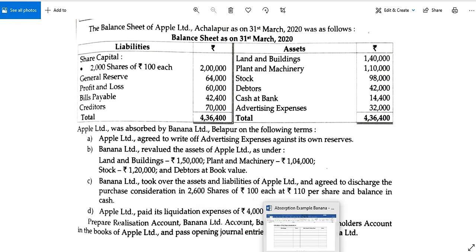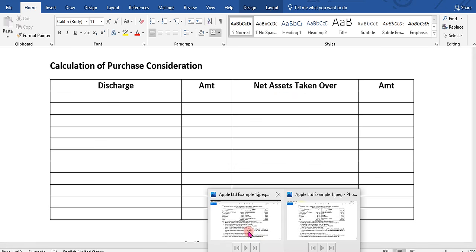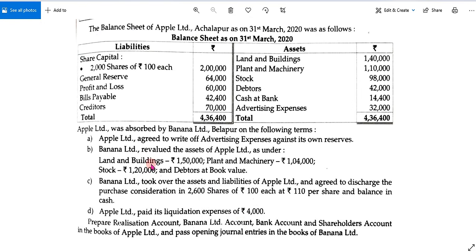So to solve this absorption example, first of all we have to calculate the purchase consideration. Okay, so for purchase consideration we have to take the net assets taken over less liabilities. So now here in this example the assets were reevaluated at the following amount.